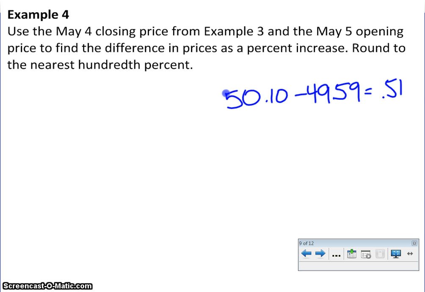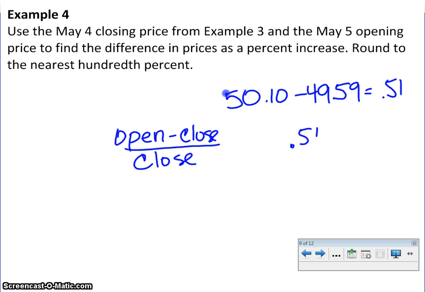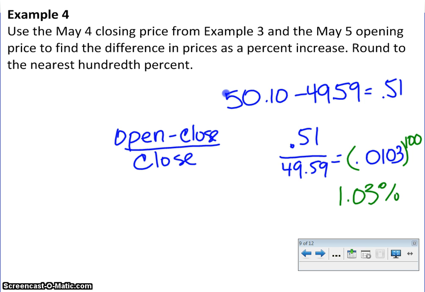So when we're looking at the percentage, we're going to take the open price minus the closing price divided by the closing price. So we end up with 0.51 divided by 49.59, which comes to 0.0103. When I multiply that by 100 or move the decimal twice, I get 1.03%.